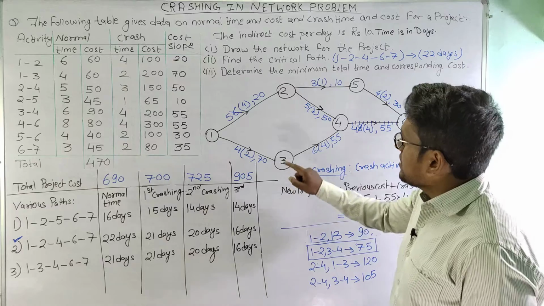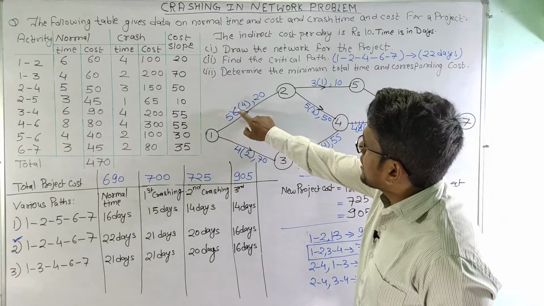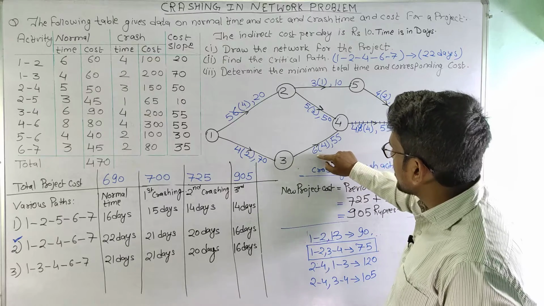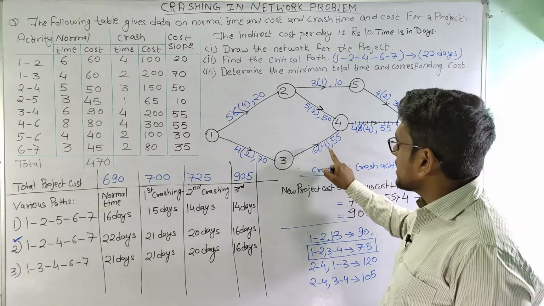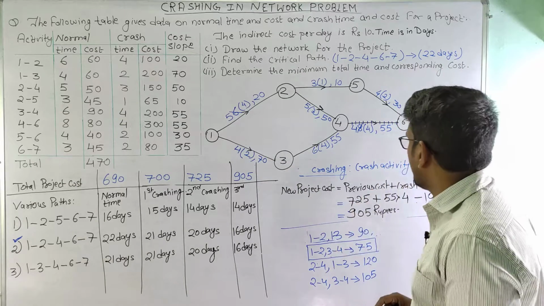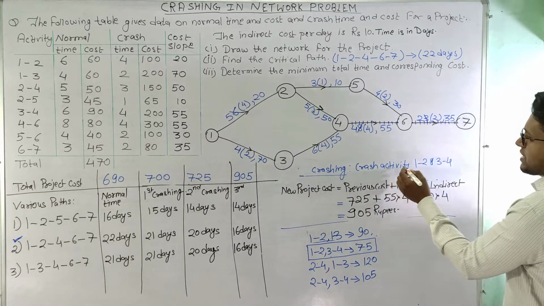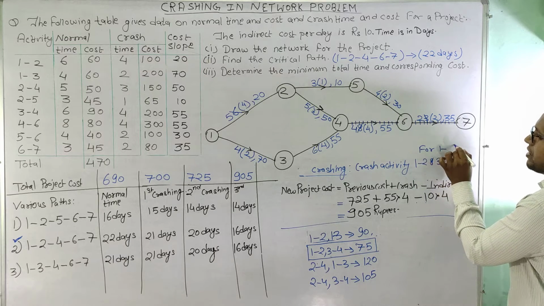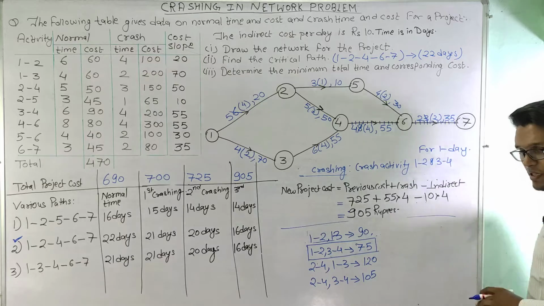Now as we can see here, activity 1-2 can be crashed by 1 day only, and activity 3-4 can be crashed by 2 days only. That means we can crash these two activities for a maximum of 1 day. So crash activity 1-2 and 3-4 for 1 day.